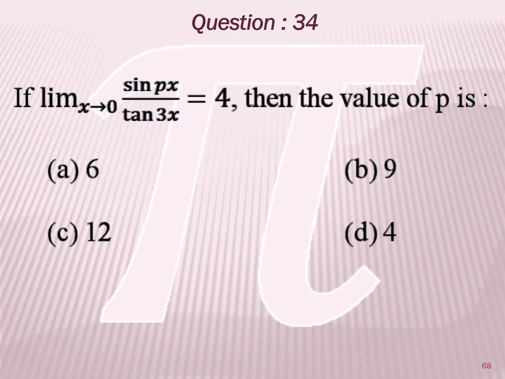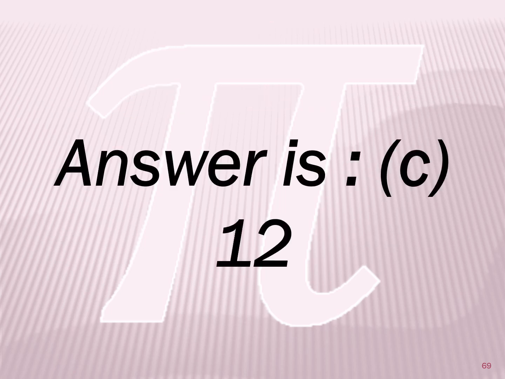Next question for the limits and find the value of P. Option A 6, option B 9, option C 12 and option D 4. This question is option C, that is 12.